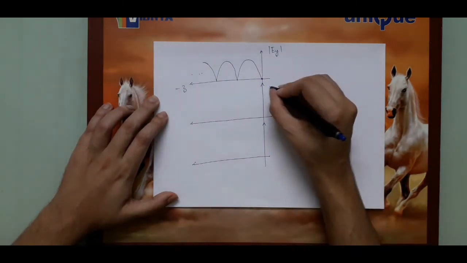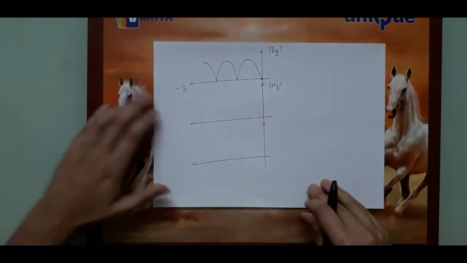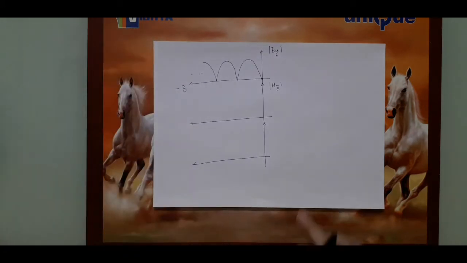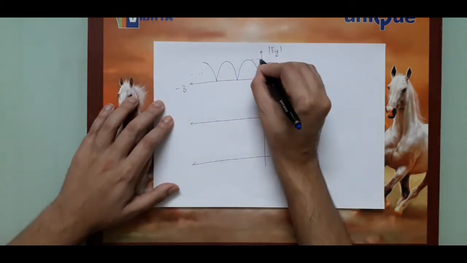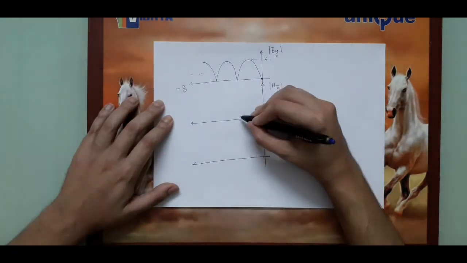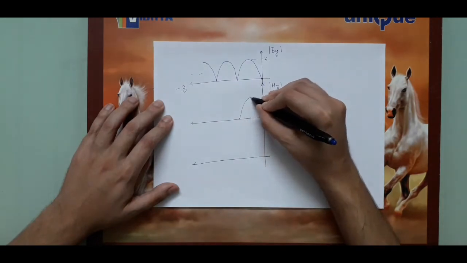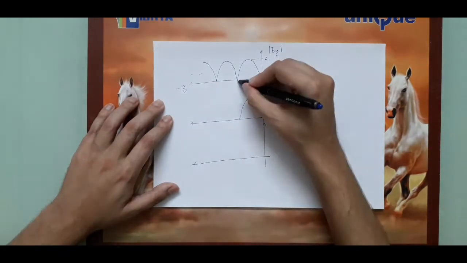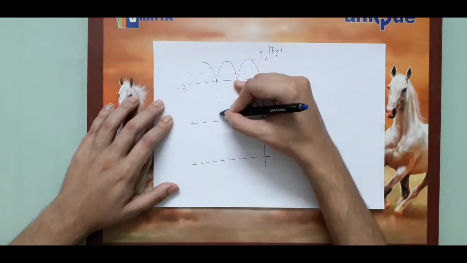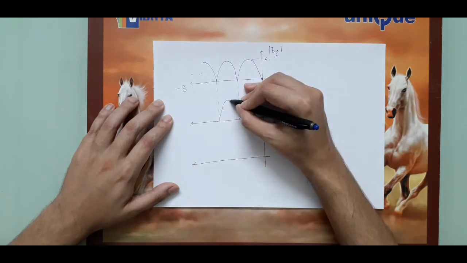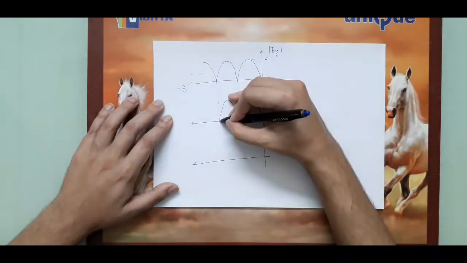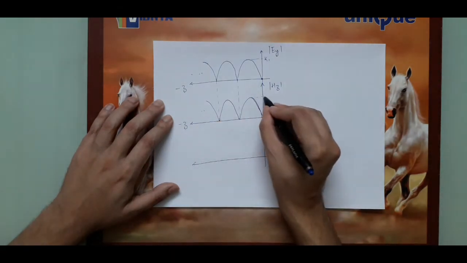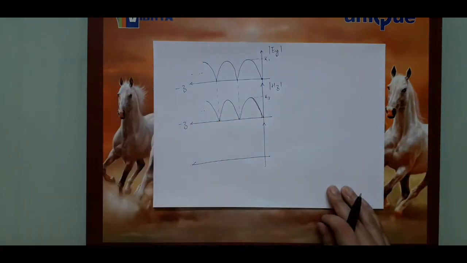What about mod of Hz? Hz is also a sine wave times k3. By the way, this will be k1. So this will again look the same. This will be k3, I believe, yes.